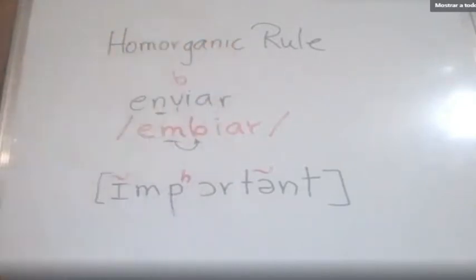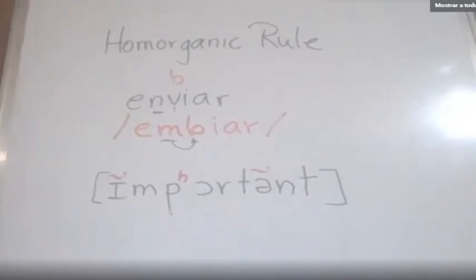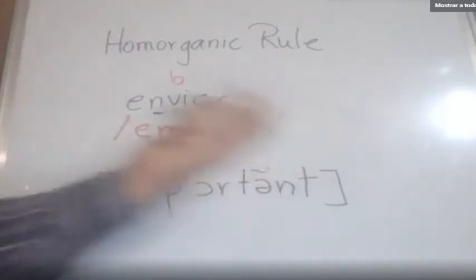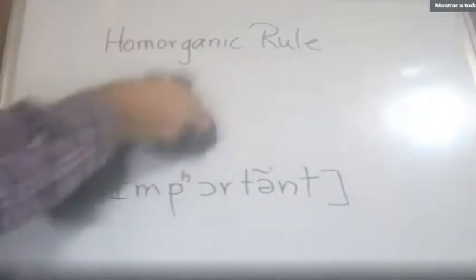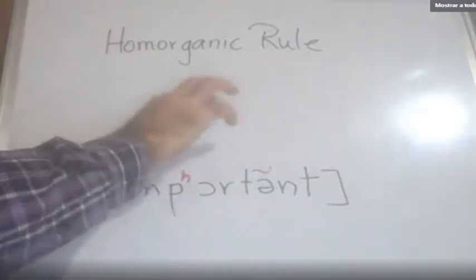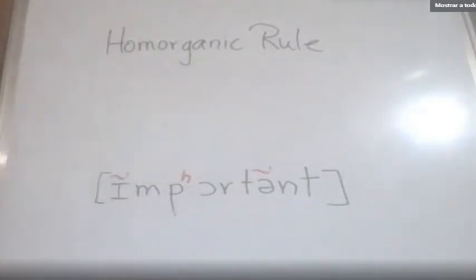So the homorganic rule is something that affects nasal sounds. Nasal sounds have this characteristic of taking on the place of articulation of the next consonant. That is what happens with the velar nasal. The velar nasal is an example of the homorganic rule in English. However, it has a different representation.